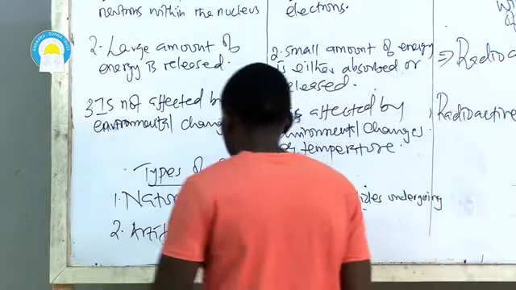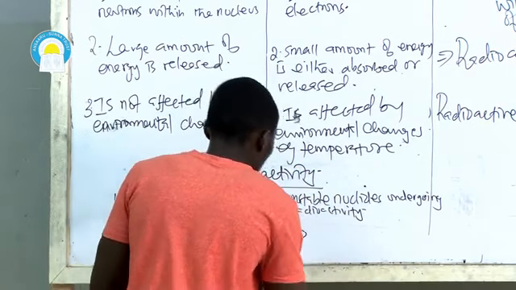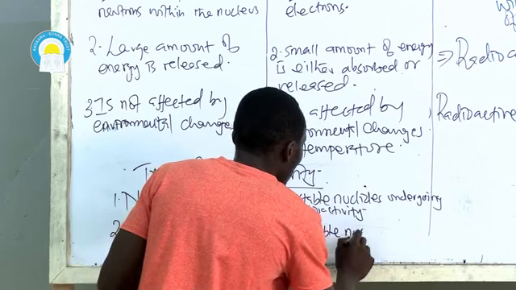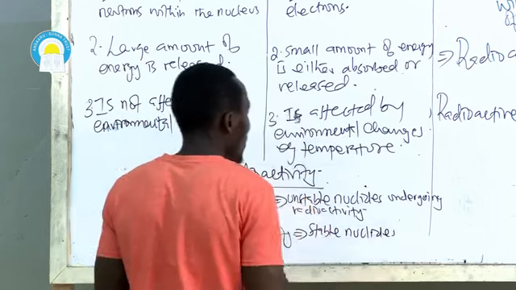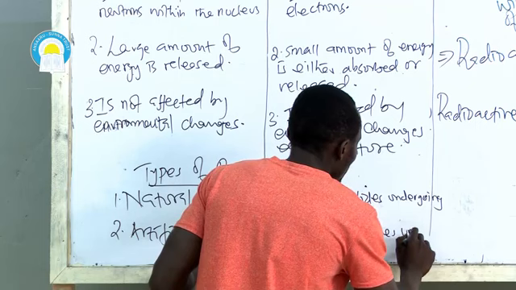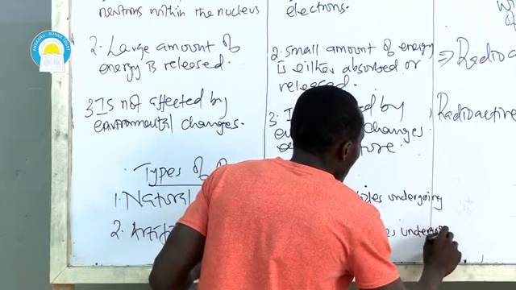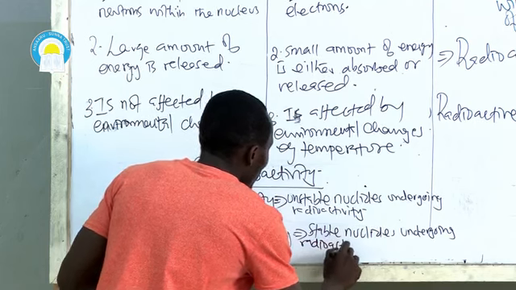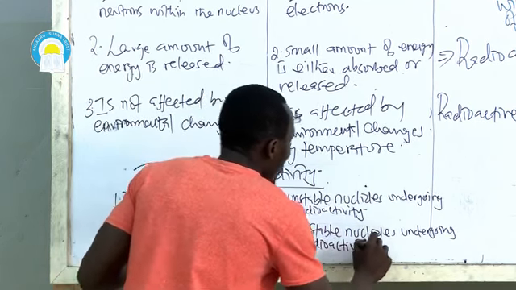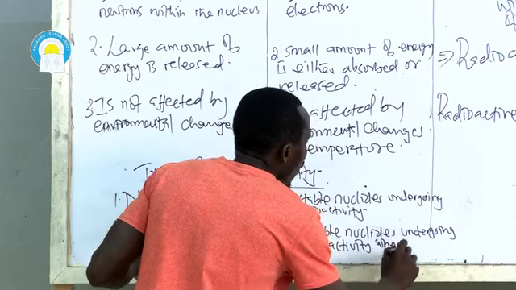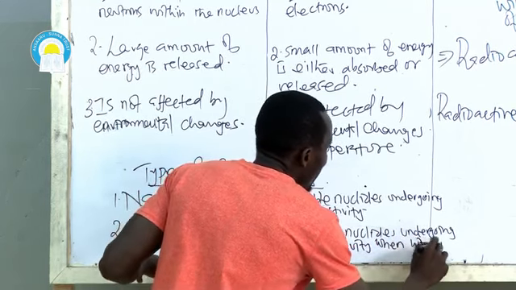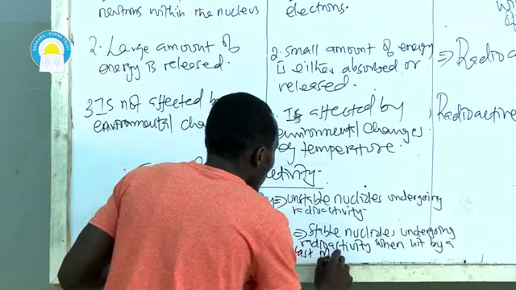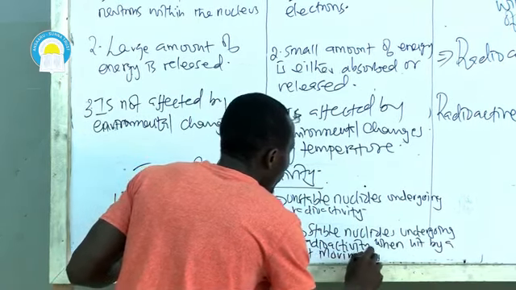But when we talk about artificial, it is stable nuclides undergoing radioactivity, when bombarded or hit by a fast moving neutron.